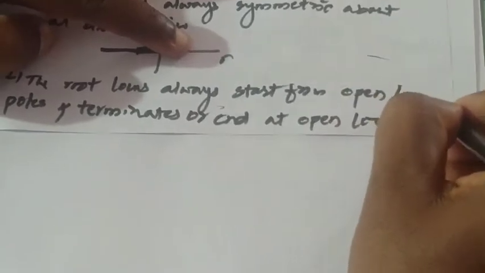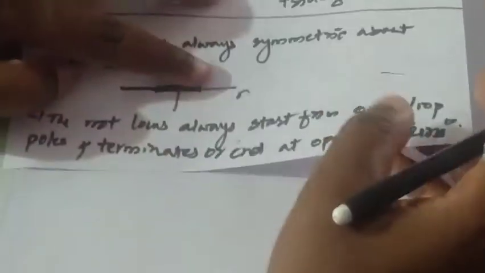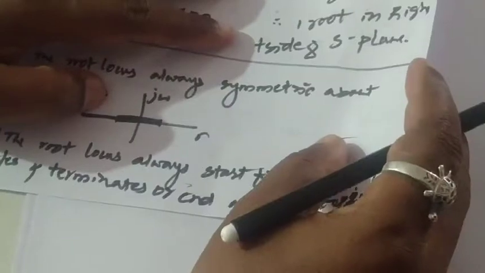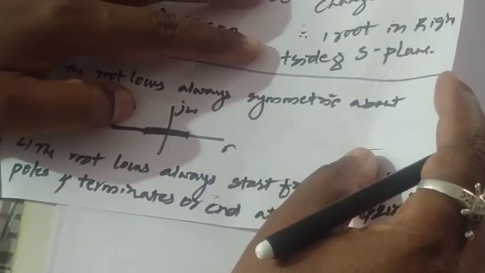So the root locus will start from the open loop poles and end at the open loop zeros. How is it possible?